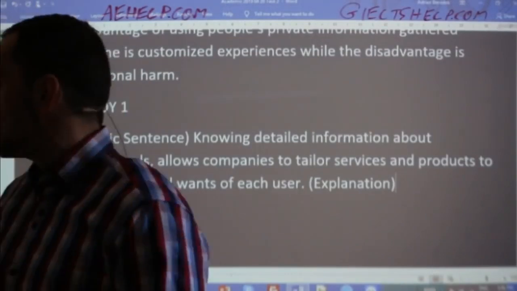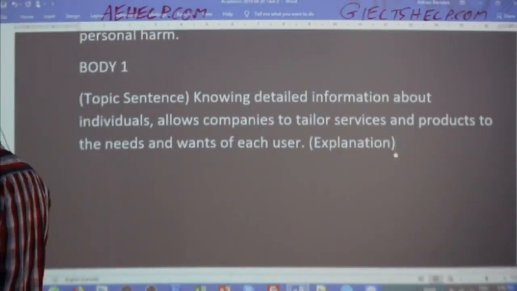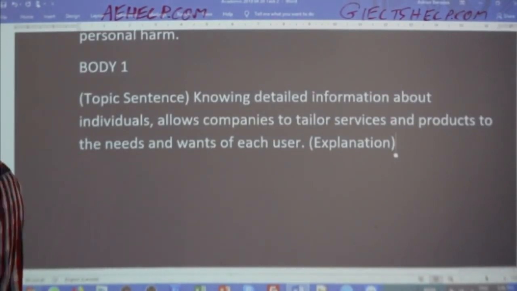All right. Okay, so something similar to what Kisi just wrote.